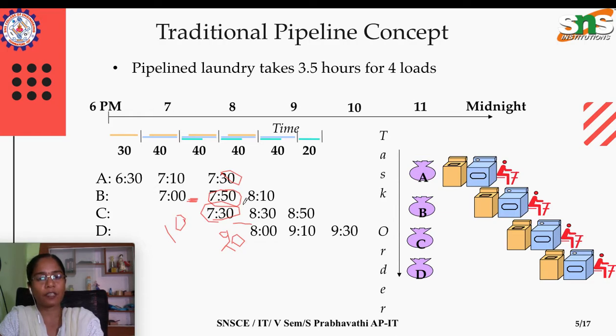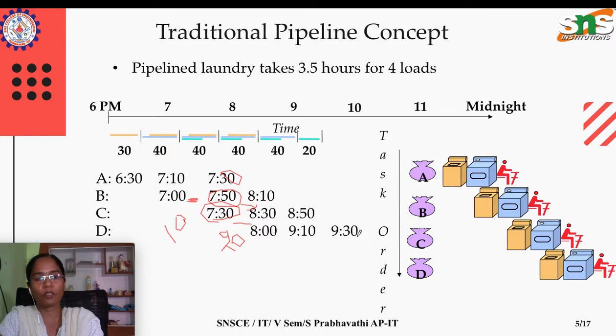At 7:50, C will start occupying the dryer, and it takes 40 minutes, is it not? So at 8:30 it will be free, and the folding by B is at 8:10 and by C at 8:50.